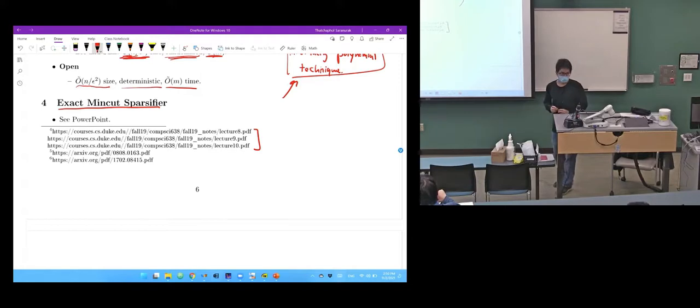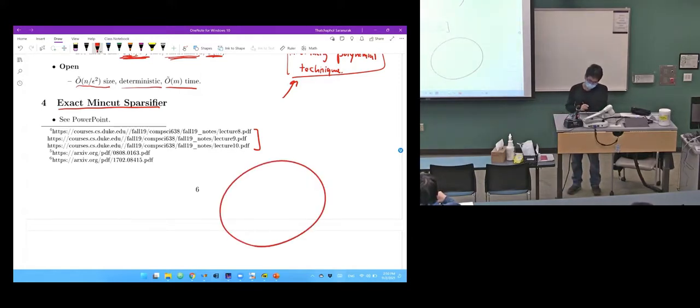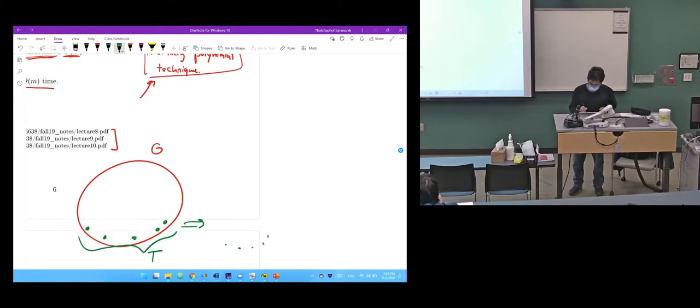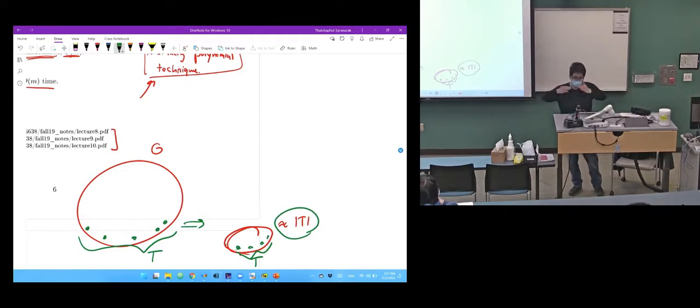Basically the setting is you have a graph G, but you have just, let's say, a small set of terminals T. Now you want to find a new graph that still contains T inside it, but the graph size is something like the size of the terminal set.